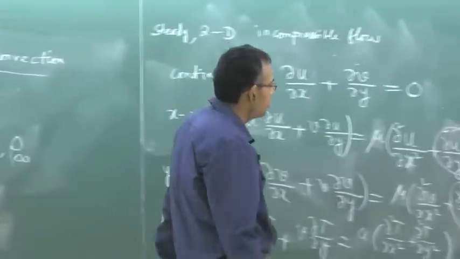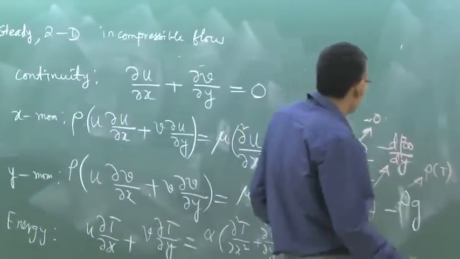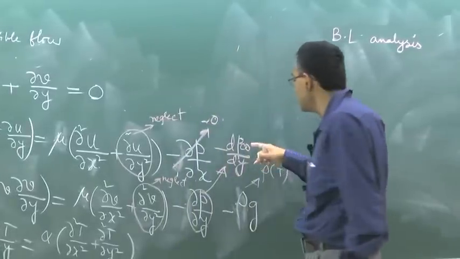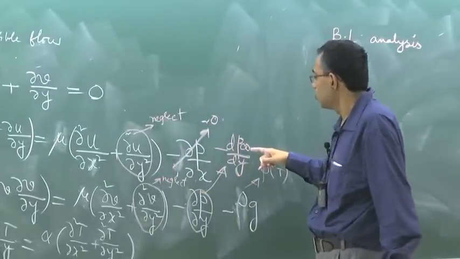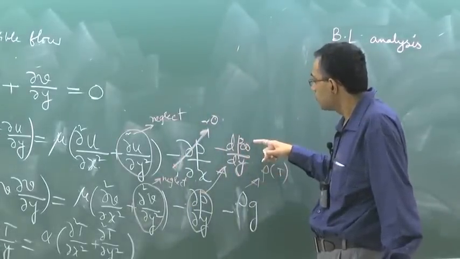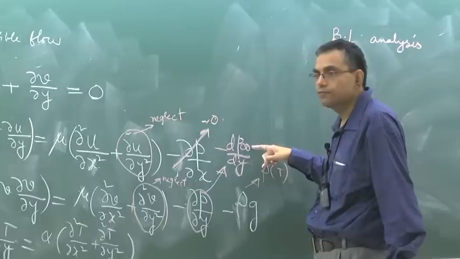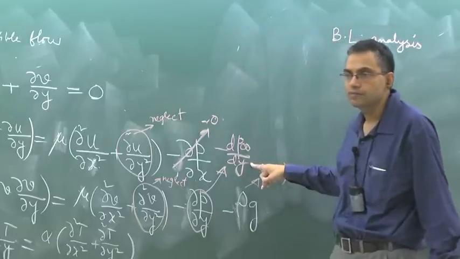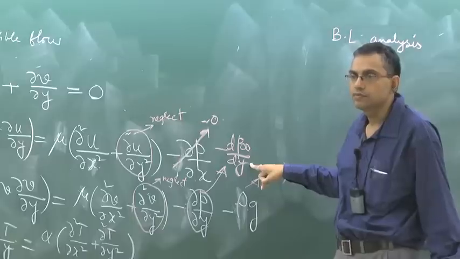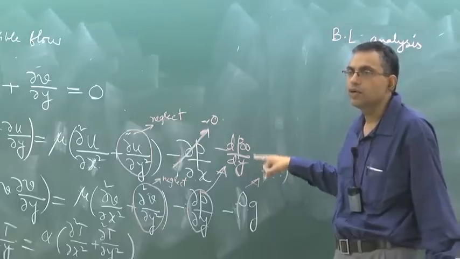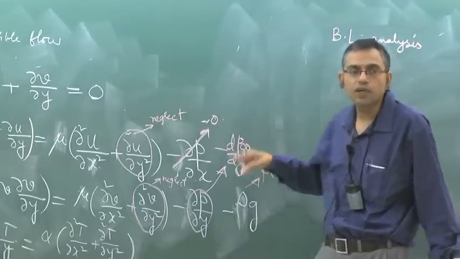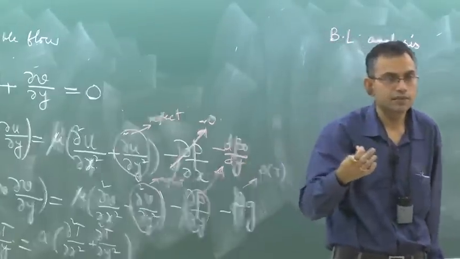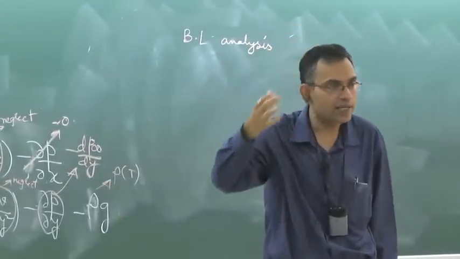So then if there is no fluid motion in the far stream, then what is dp infinity dy? This is governed by what? This is governed by fluid statics, right, because there the fluid is at rest.